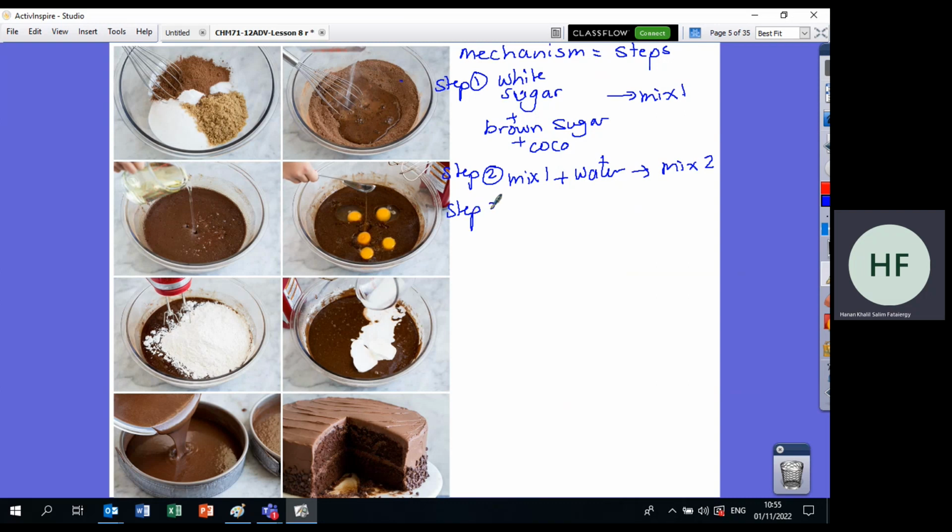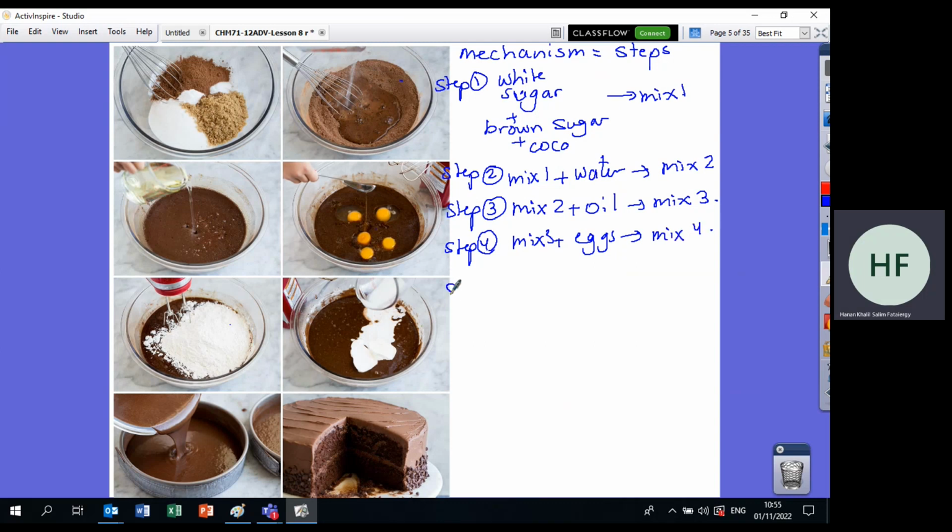Now in step 3, I will take mixture 2 and I will add to it oil. I will get mixture 3. Now what happens in step 4? I will take mixture 3 and I will add to it eggs. I will get mixture 4.